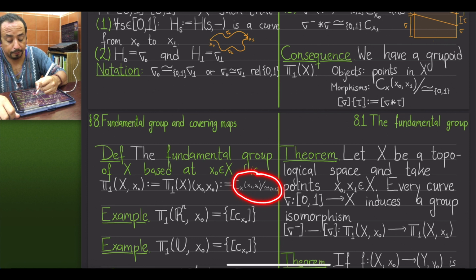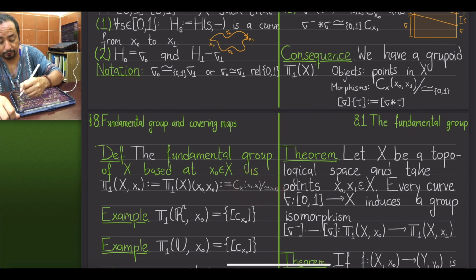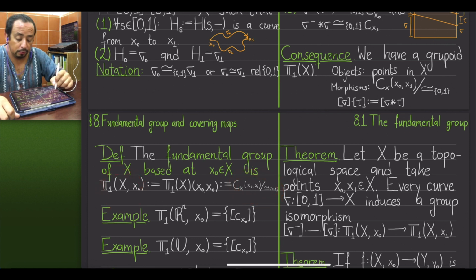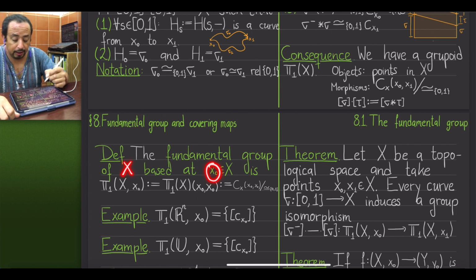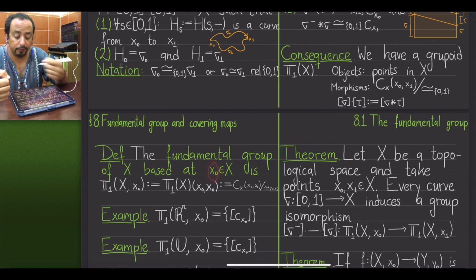And that's a group. Well, we call it the fundamental group. Right? So the fundamental group of a space based at a point is the set of homotopy classes relative to endpoints of curves that go from the point to itself, that is, of loops based at the point.